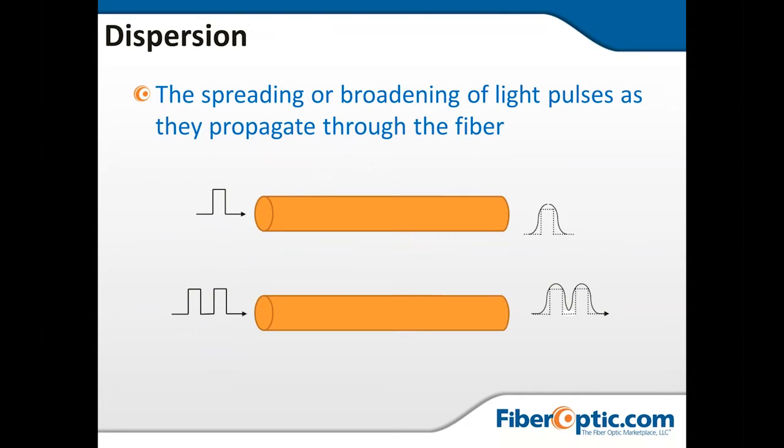So I've mentioned dispersion a couple of times. Let's talk about it. Those of you that are not familiar with dispersion, it is the spreading out of a light pulse as it moves through the fiber. There's a couple or three different ways that applies in the single mode world.